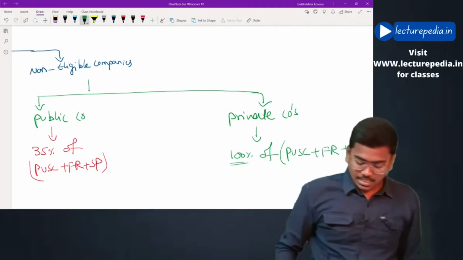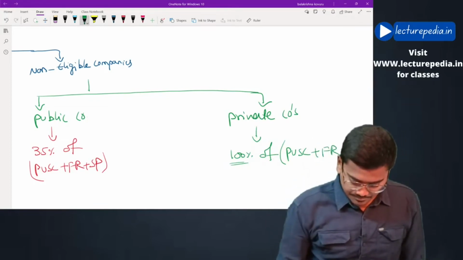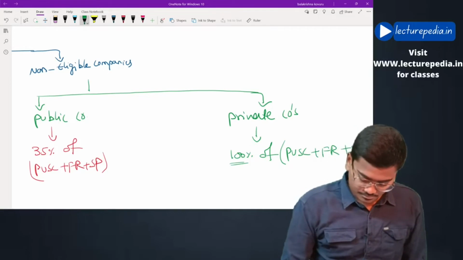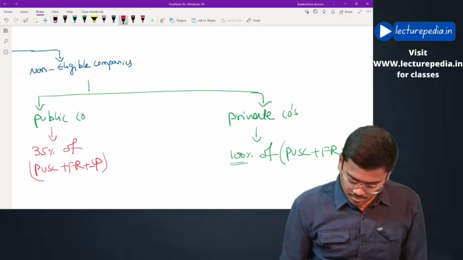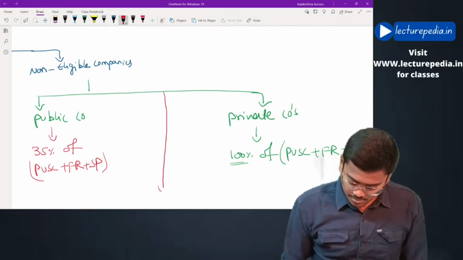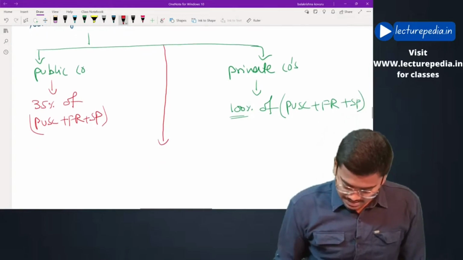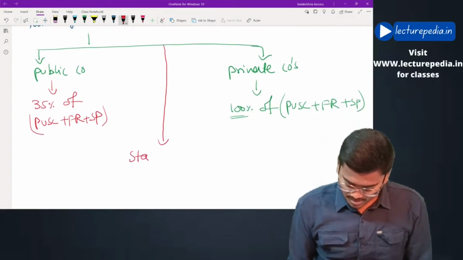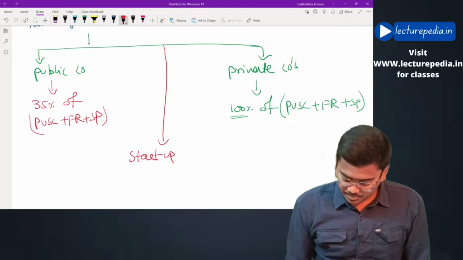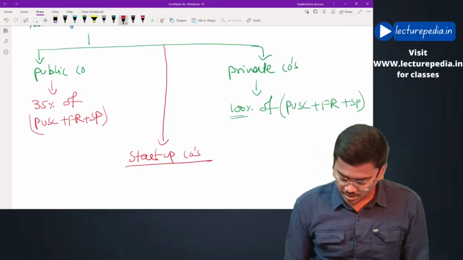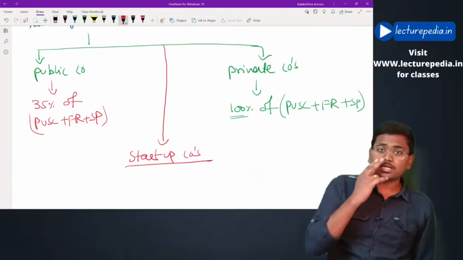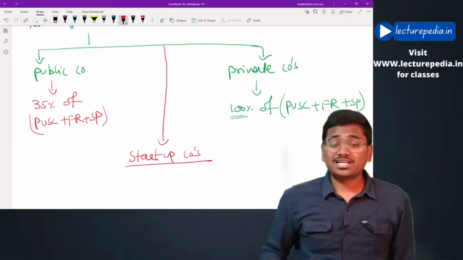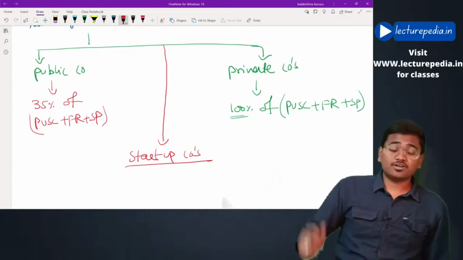And there is another category. That another category is startup companies. Basically startup companies means those companies for which government has given recognition of startup. This will be valid for 5 years.